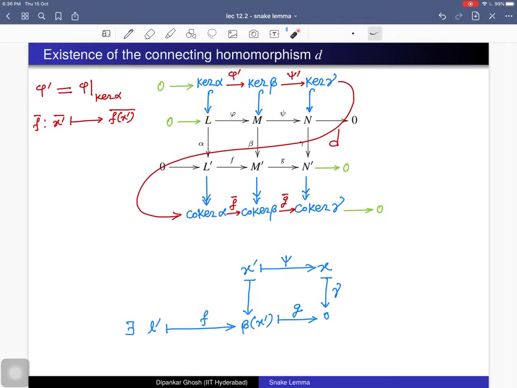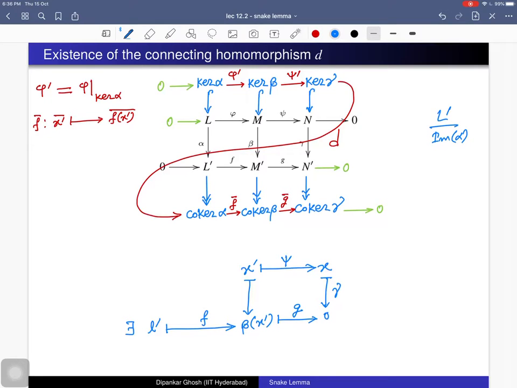So, we are here now, and from L prime to co-kernel alpha you have the natural projection map. It is so because co-kernel alpha is just L prime modulo image alpha.